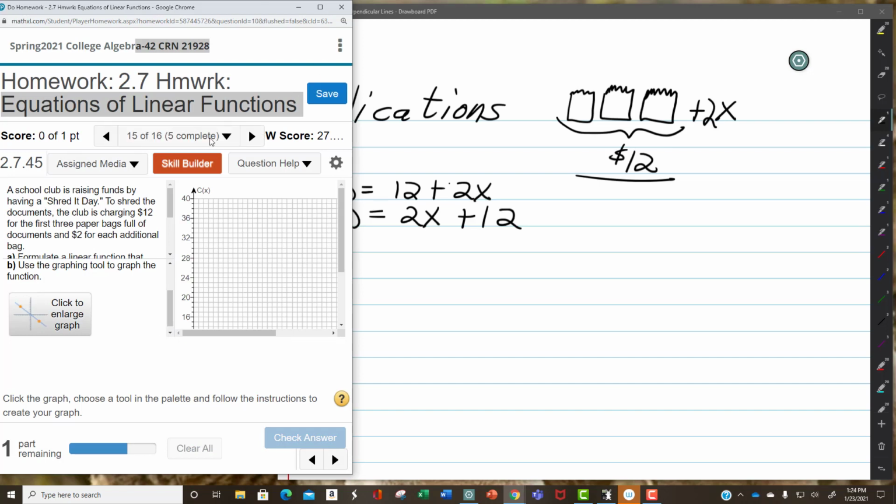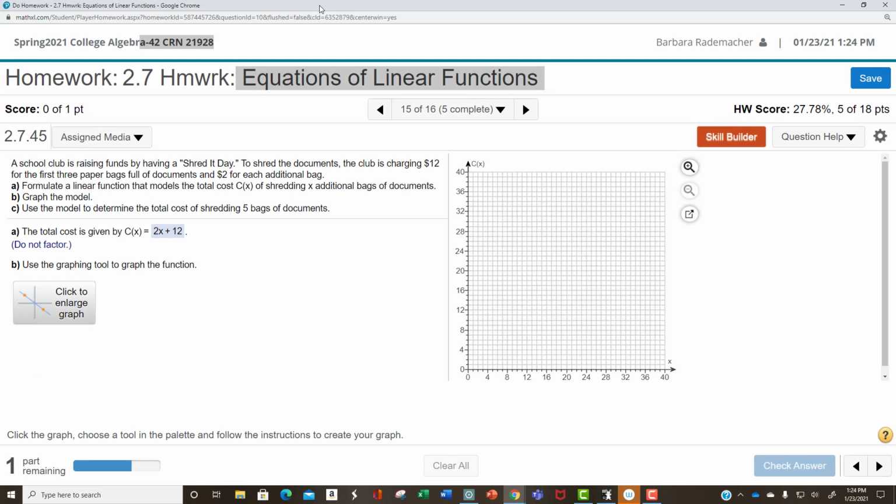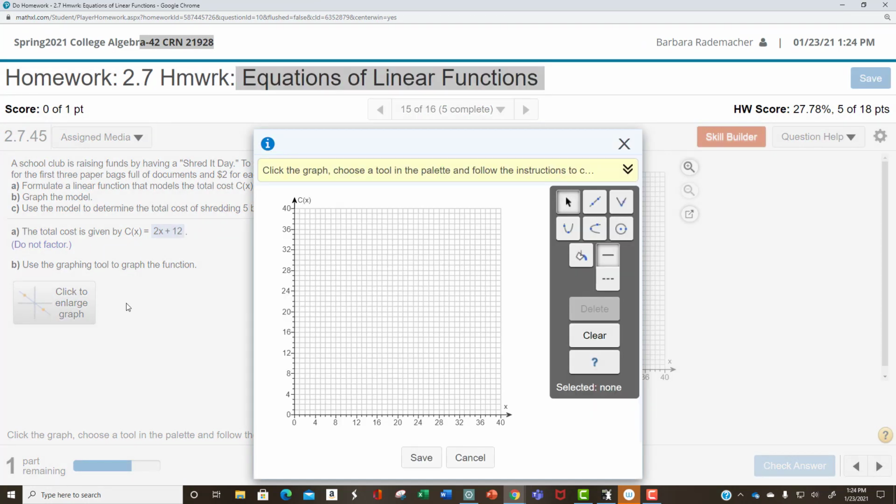Now I have to graph it. Use the graphing tool to graph the function 2x plus 12. Okay, so I'm going to be graphing a line. Now, 2x plus 12, 12 is the y-intercept.